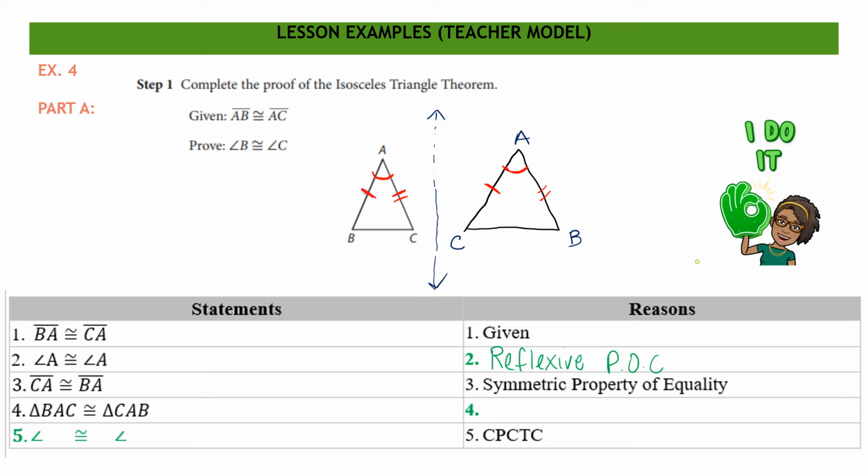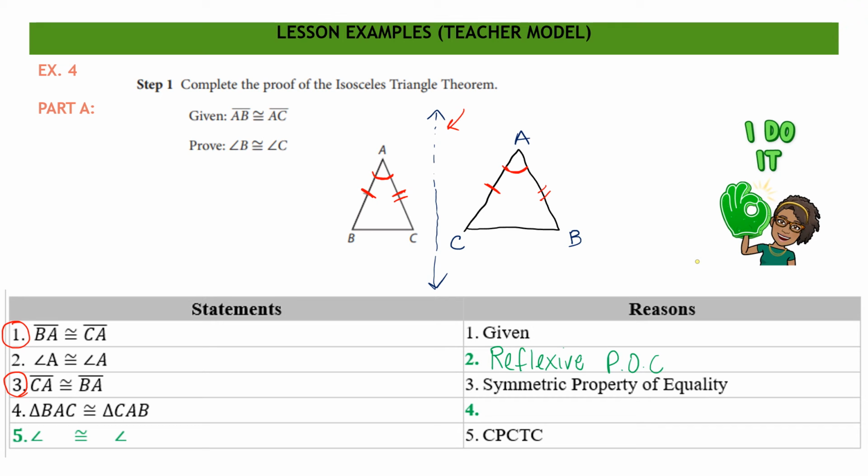Well, I know that's the symmetric property of equality because we just mentioned that here in statement number 1. Number 1, we said BA was congruent to CA, and that was mentioned here in the first triangle to the second triangle. And then now we have statement number 3 stating that CA is congruent to BA again. So remember, we reflected this triangle over this line of reflection, so that would be the symmetric property of equality.